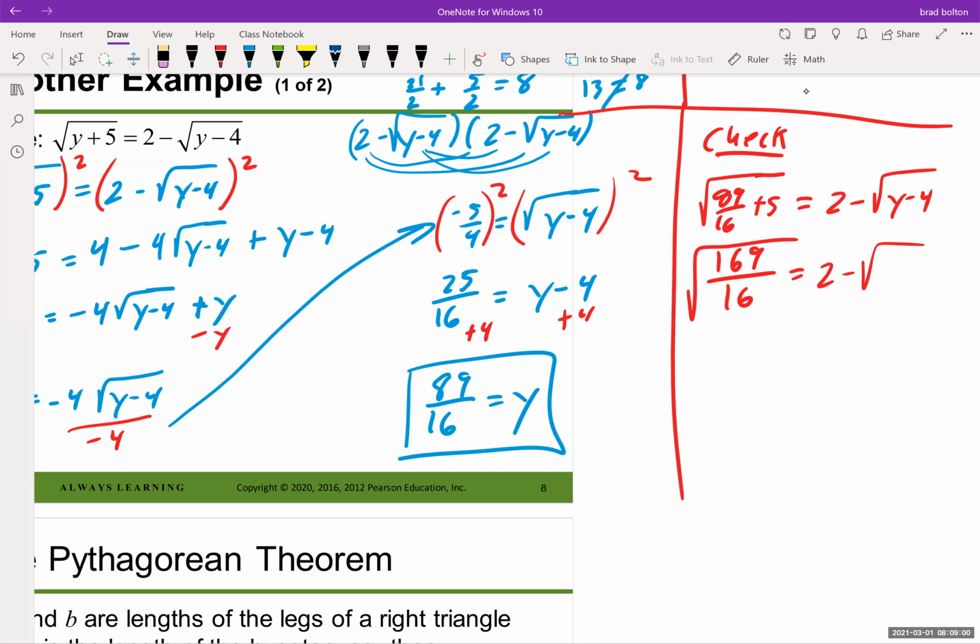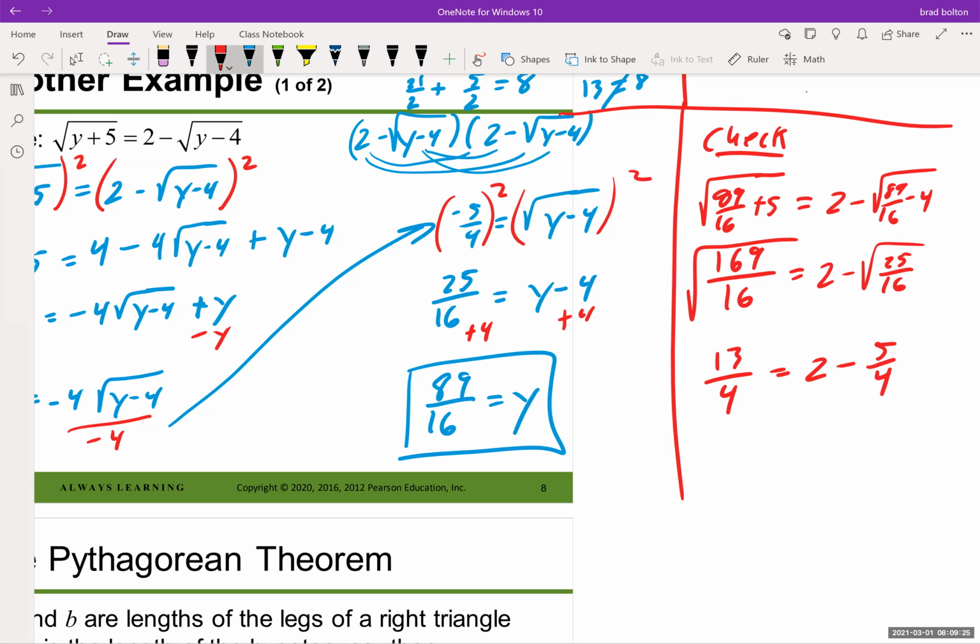Oops, I forgot to plug in 89 over 16 right here. Sorry about that. So 89 divided by 16 minus 4. And I'm going to do math frac once again. And it tells me this is 25 over 16, which is nice. So this is 13 over 4 equals 2 minus 5 over 4.